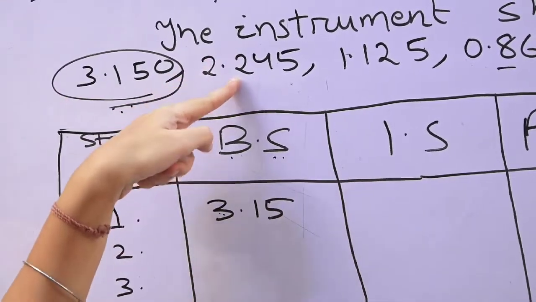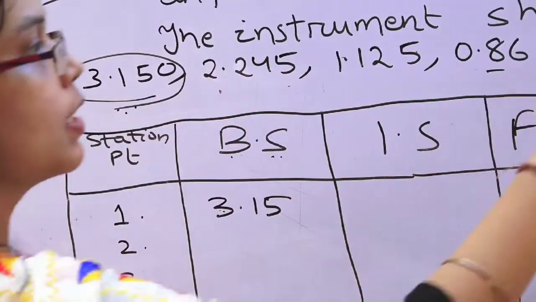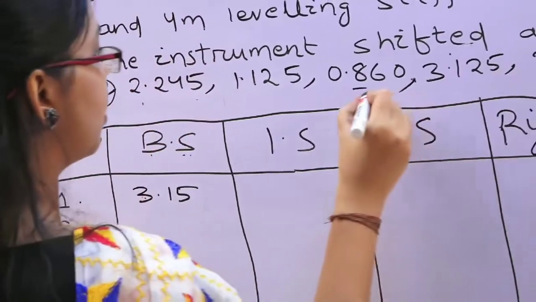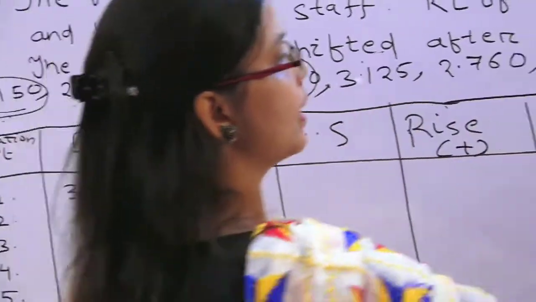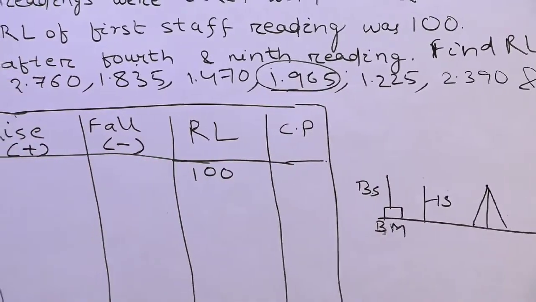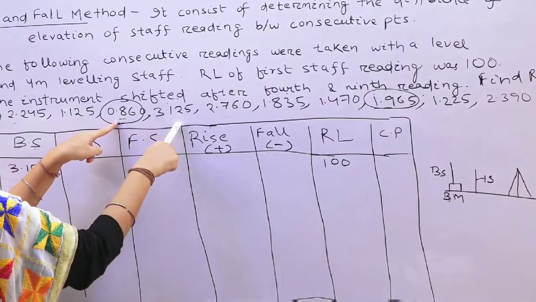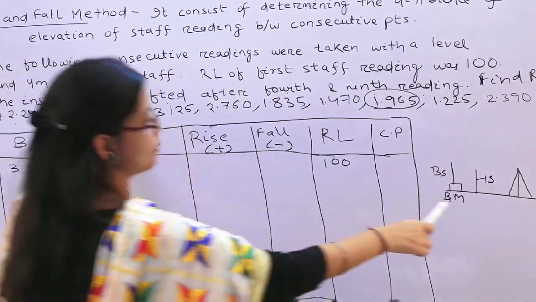Here it is given that the instrument shifted after the 4th and 9th. What do you mean by this? After the 4th, the leveling instrument got shifted.